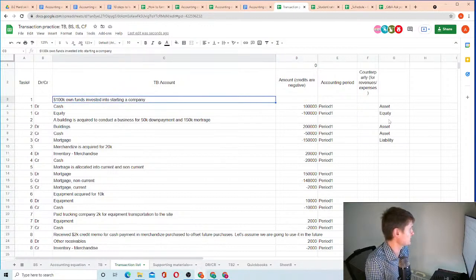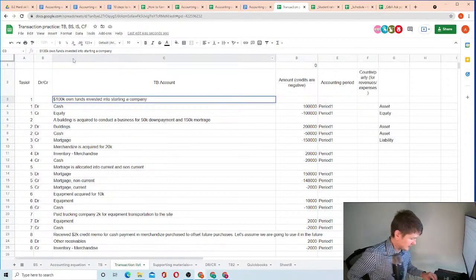So you come to the operation, okay, 100k invested. Let's add, okay, own funds. Let's just say that that's cash. 100k invested in the company.